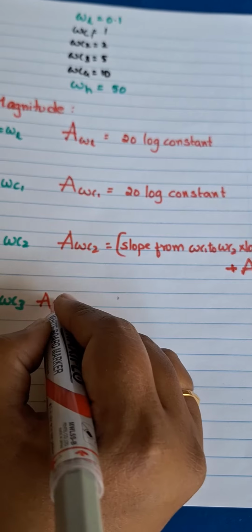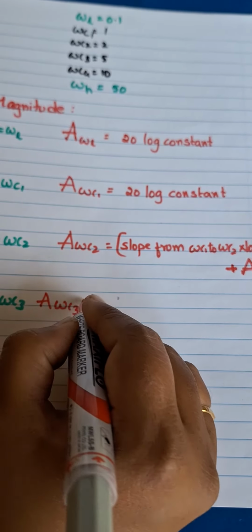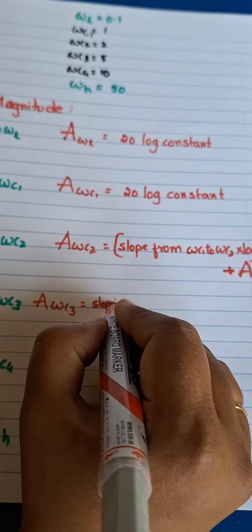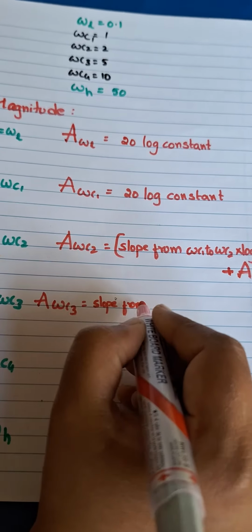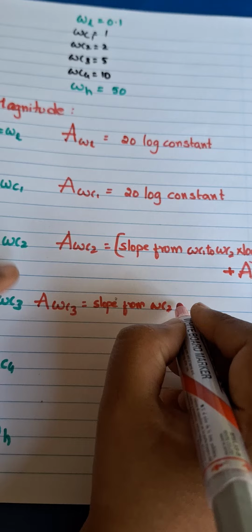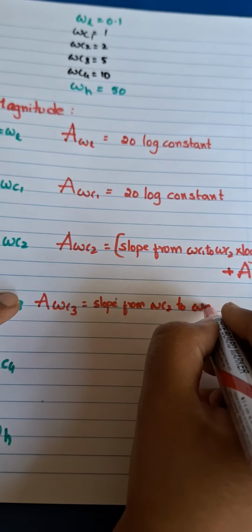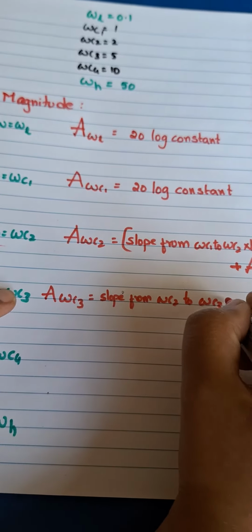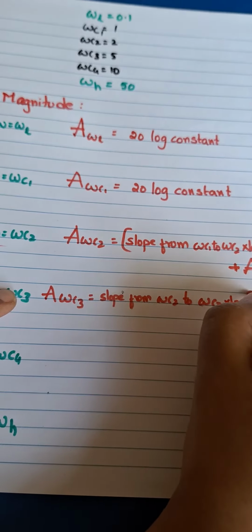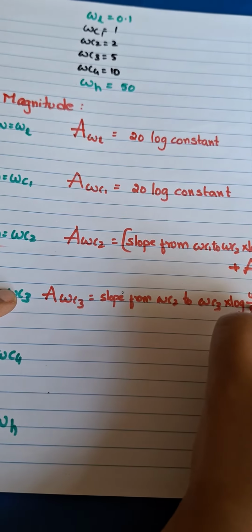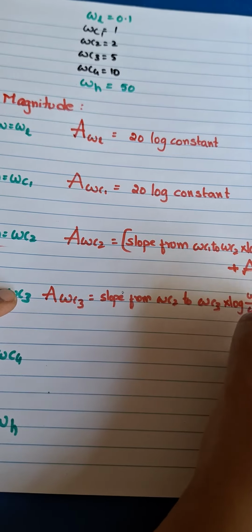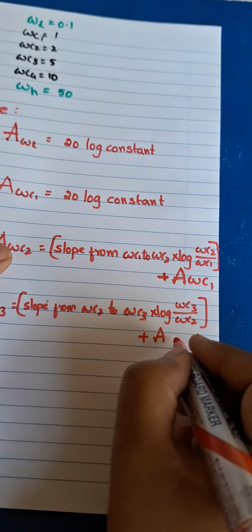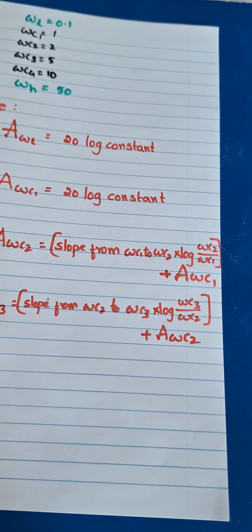See, from here all the formulas are the same. For omega C3, I will write slope from omega C2 to omega C3 into log of omega C3 by C2, highest by smallest, plus previous magnitude. Previous magnitude is omega C2.